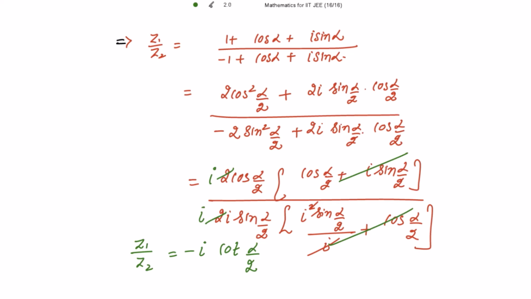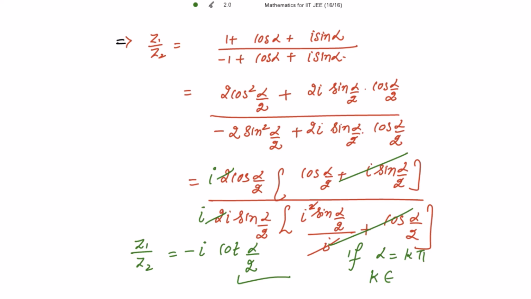Can this be 0? Can the right hand side be 0? Yes. Now when cot alpha by 2 is 0, it is purely imaginary. This is very well known that the right hand side is purely imaginary. The option is D. But this right hand side can also be 0 for what value of alpha? If I take alpha to be k pi, where this k belongs to the odd integers, right?